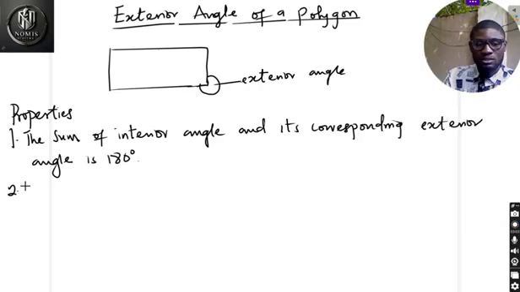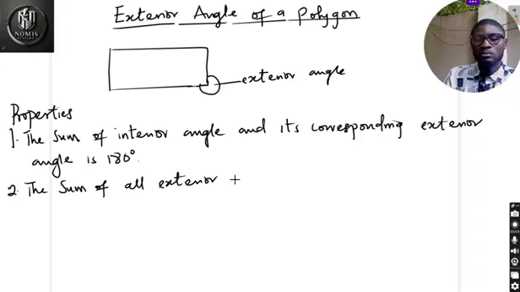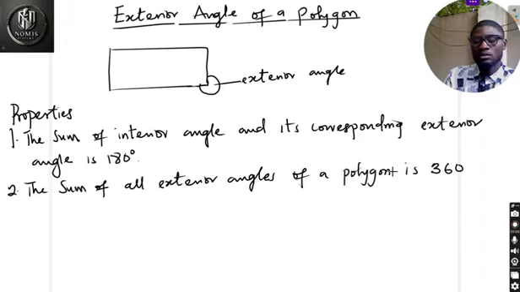We must take that down: the sum of all exterior angles of a polygon is 360. These are the properties I want you to note down and keep at the front of your heart where you will not forget.